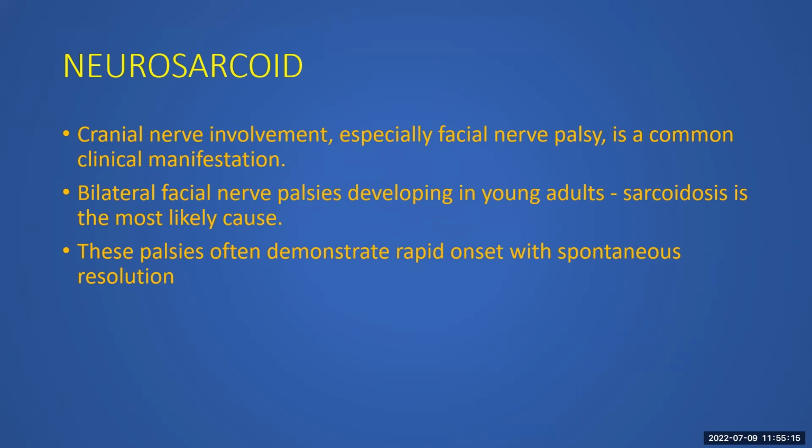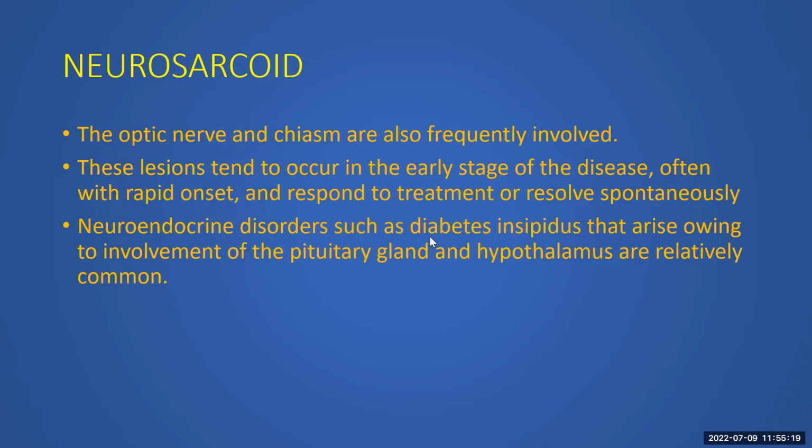Steroid treatment gives dramatic changes in patients with neurosarcoid. The other areas of involvement include the optic nerve, optic chiasm, and the hypothalamus, and because of that, patients can just present with diabetes insipidus. In fact, we've seen a few patients who presented just with hyponatremia, and then they were diagnosed with diabetes insipidus. When they did MRI, they picked up leptomeningeal thickening as well as involvement of the hypothalamus causing diabetes insipidus.